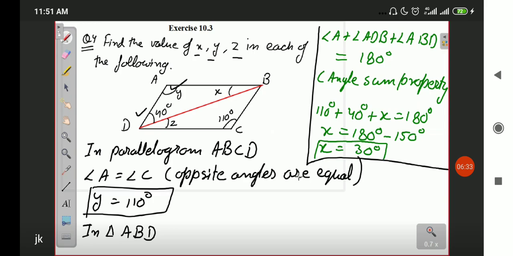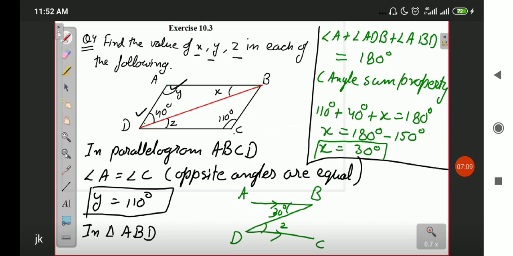So this is the second one. We have determined the value of x. Now see, let me draw it for you. This is A, this is B, this is D, and here is C. We have ABCD as a parallelogram. That means line AB and DC should be parallel to each other. Taking BD as a transversal, alternate interior angles are equal. This angle we have determined as 30 degrees. This is z. So z should also be equal to x.